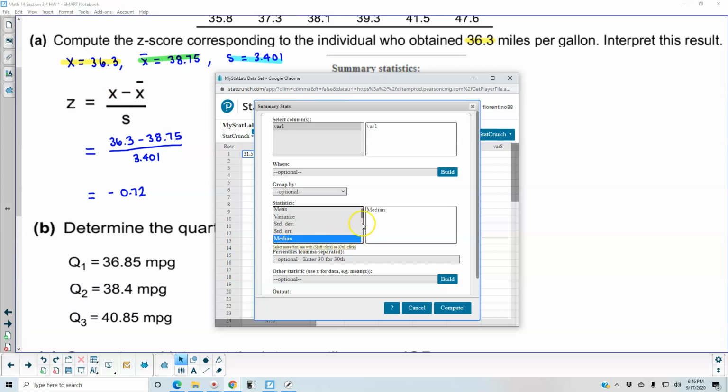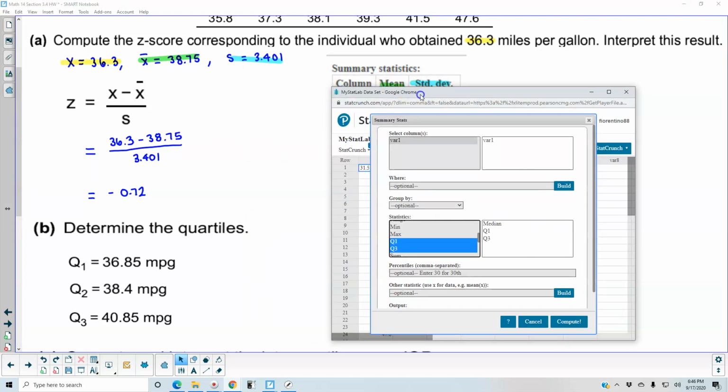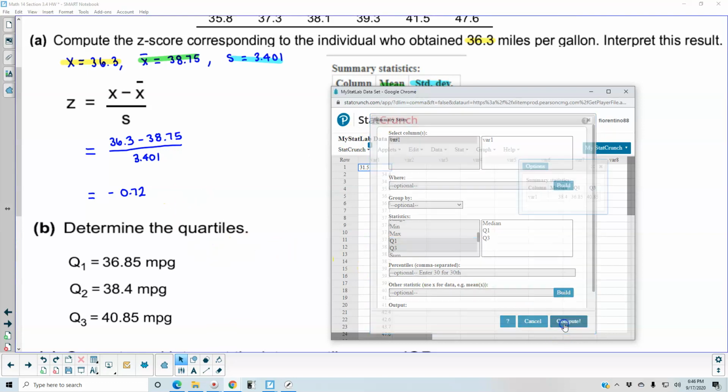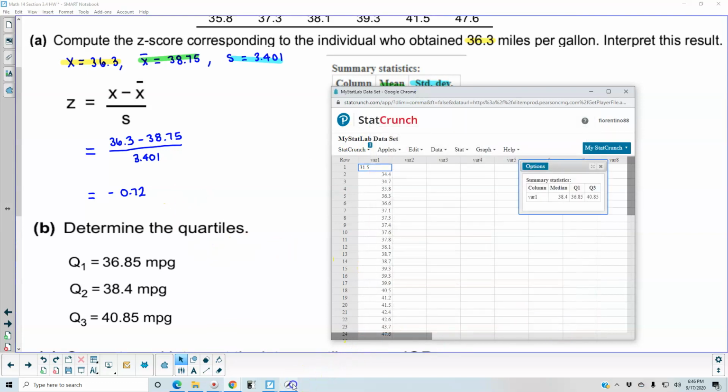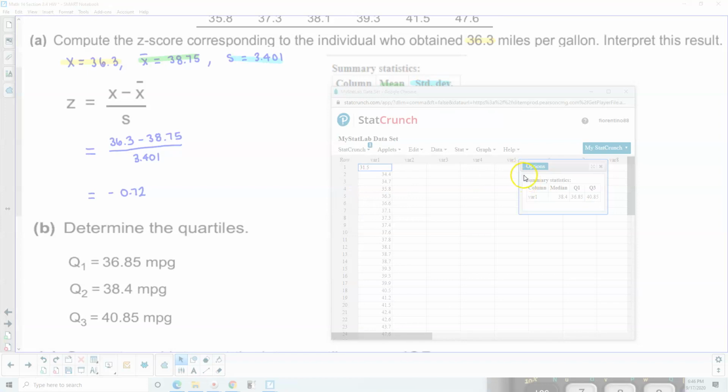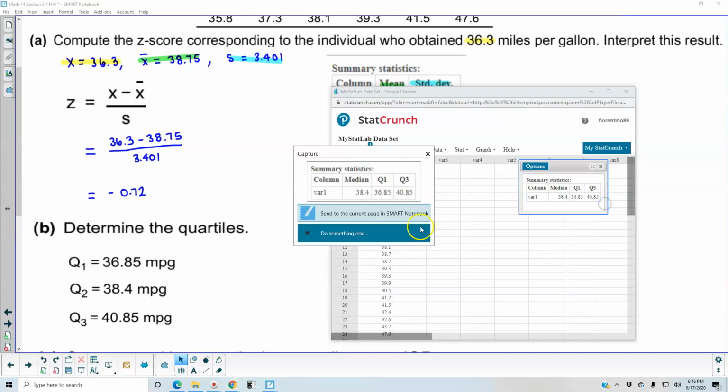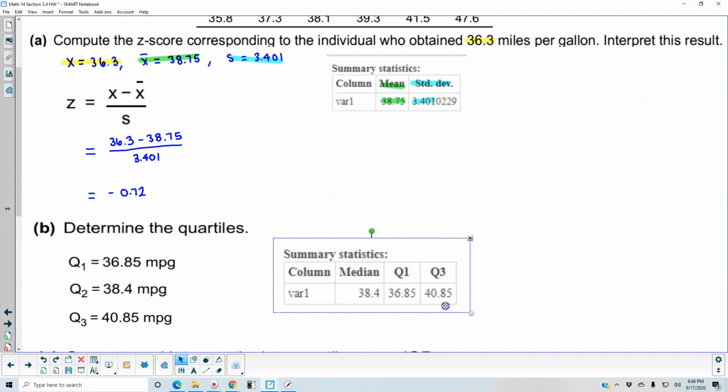But the median represents quartile 2, and we also have to find quartile 1 and quartile 3, because that's what the question is asking us to determine. So we're going to select Compute, and copy that data into our table here.